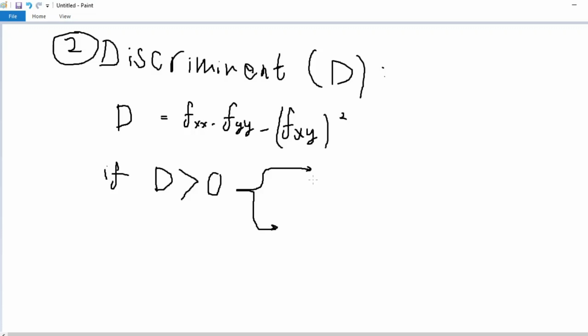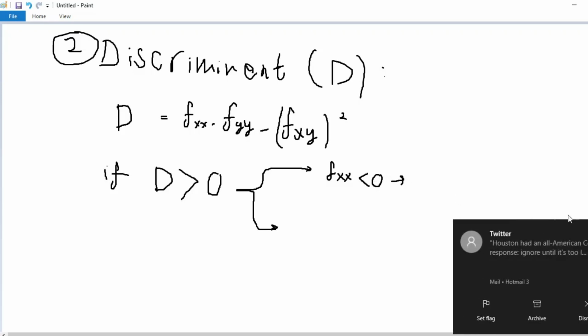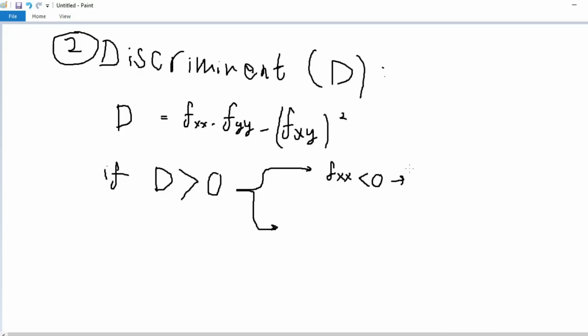The first case, if the discriminant is greater than 0, you need to look at the fxx. If the fxx is less than 0, then you have a local maximum, and if the fxx is greater than 0, then you have a local minimum.